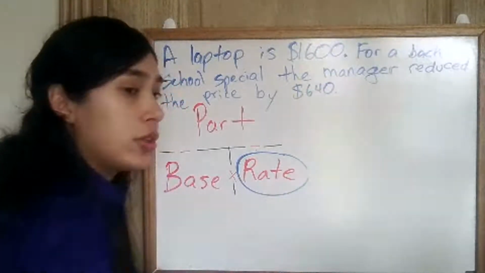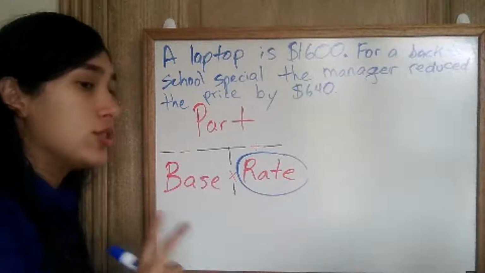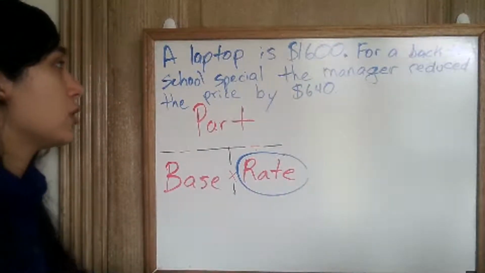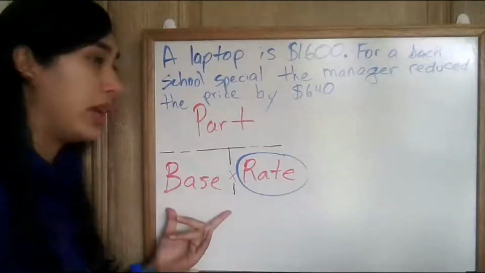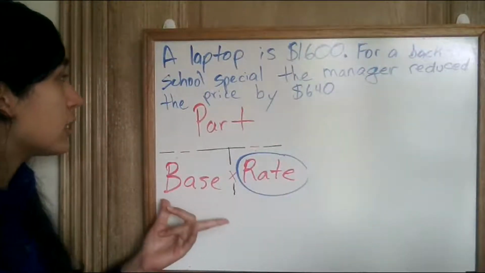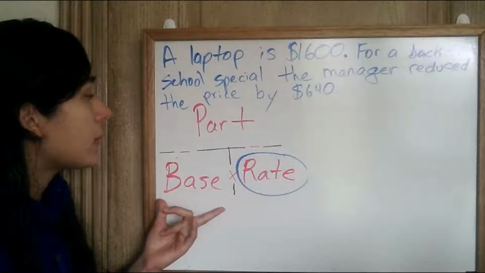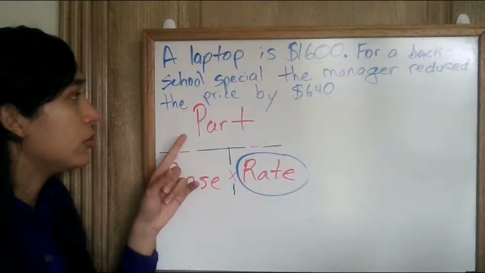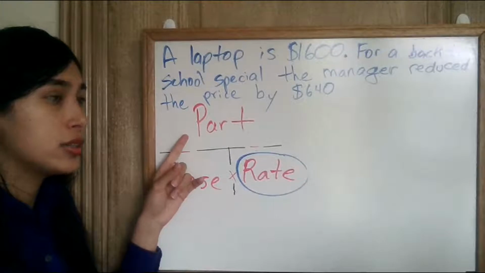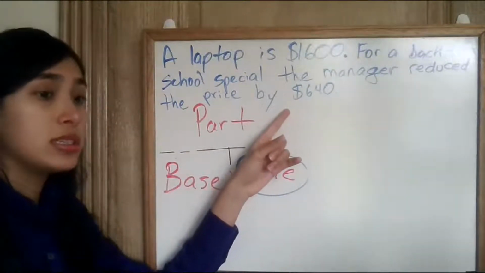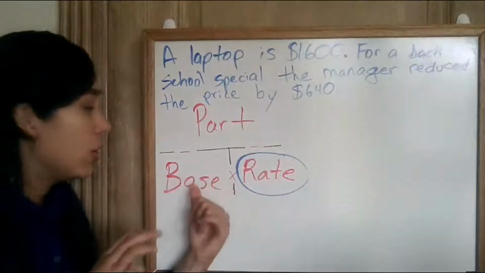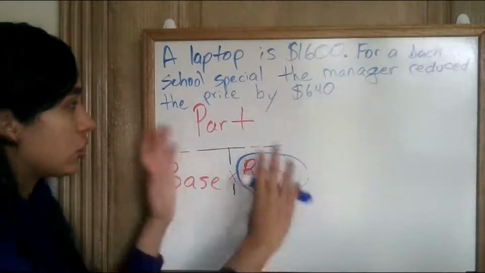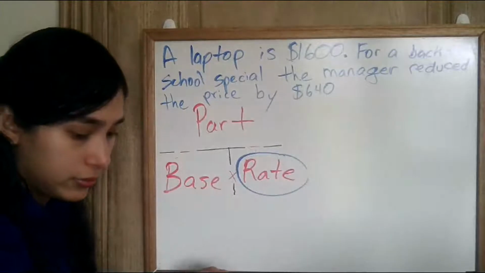So I'm just going to warn you right off the bat that this is going to be a 2-step problem because they're not telling us what was the total. The base was $1,600, but they're not telling us the part of the discount. In fact, we need to calculate our part by using how much they reduced it from the base. So let me go ahead and start filling in right here.